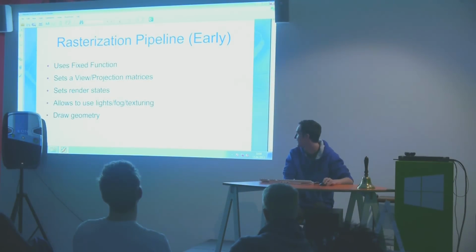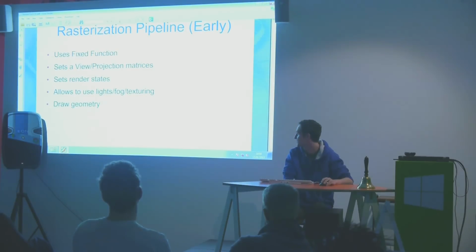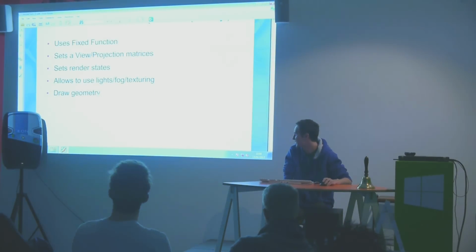You could add fog and some texturing, and then you draw your geometry. You could already do nice things with it, but the problem is you're quite limited, because you can't say, I want to change the light equation, because, for example, this light model doesn't fit. So you could not do it before.